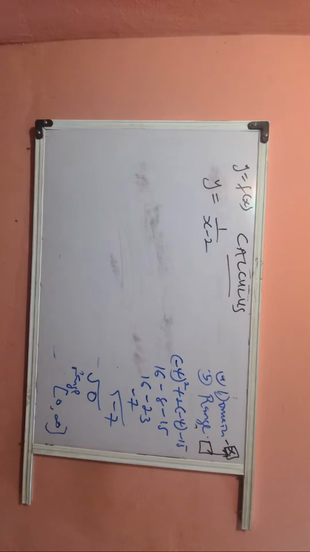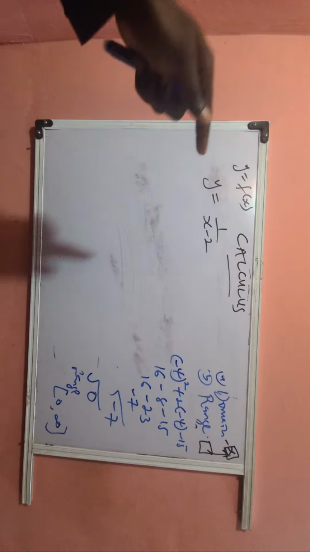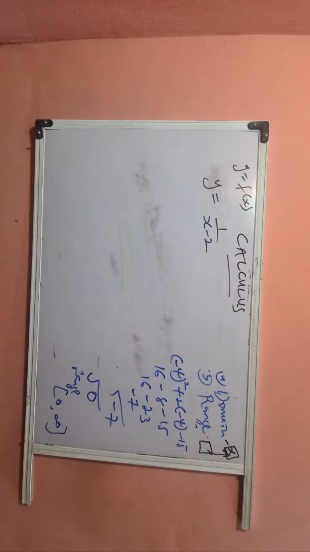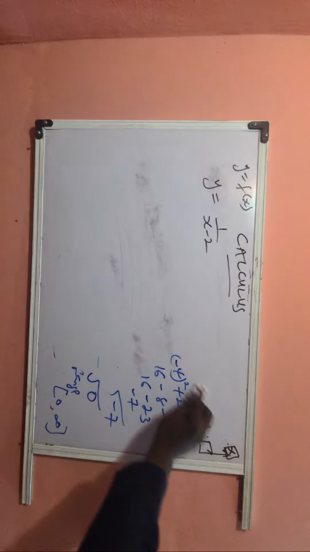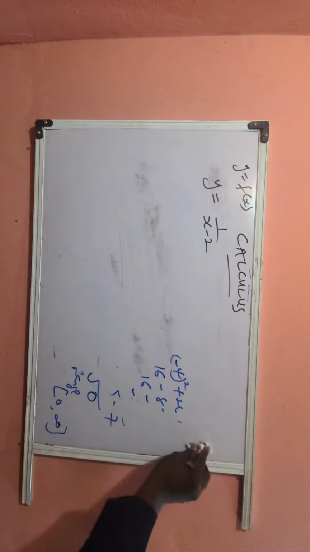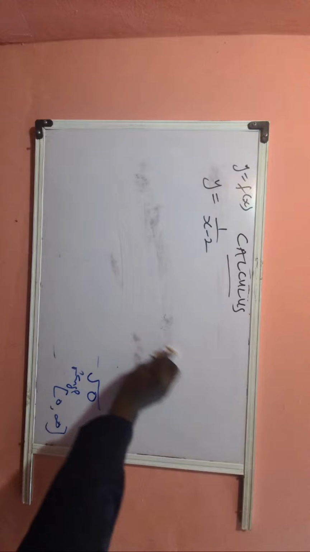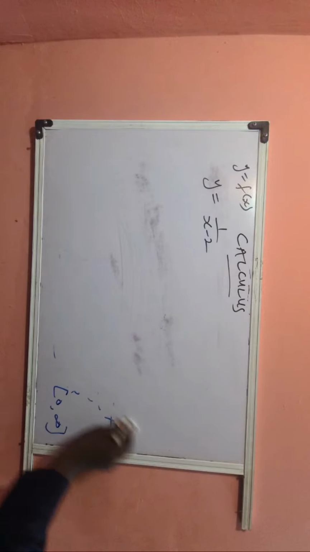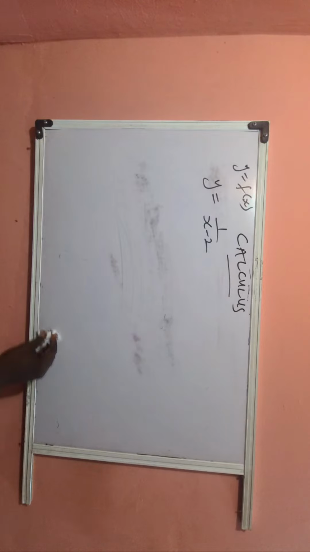If you press 1 divided by 0 on your calculator, it will give you a math error or syntax error. It's going to give you an error message because it's undefined. We always say this function will be undefined.